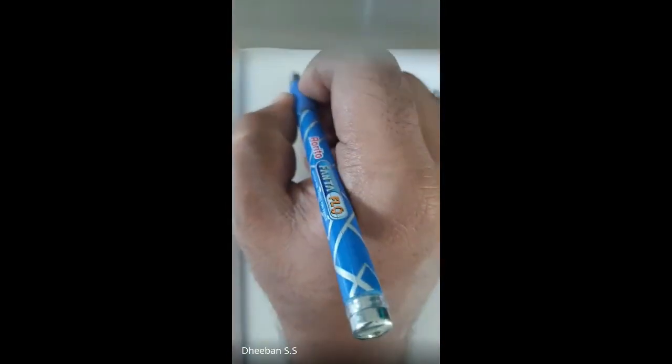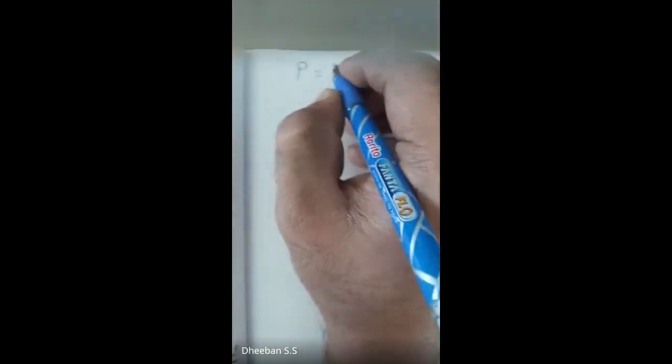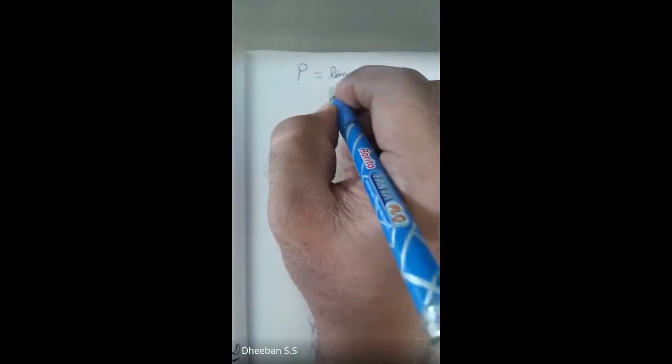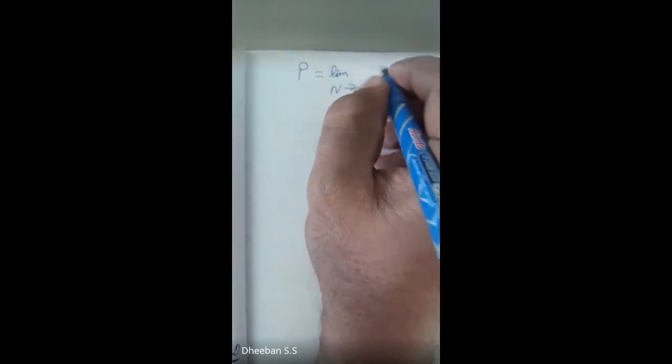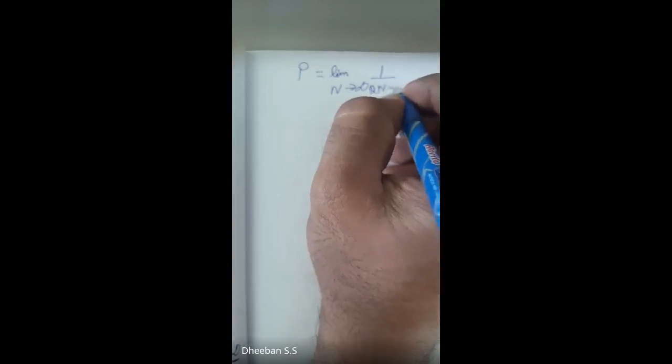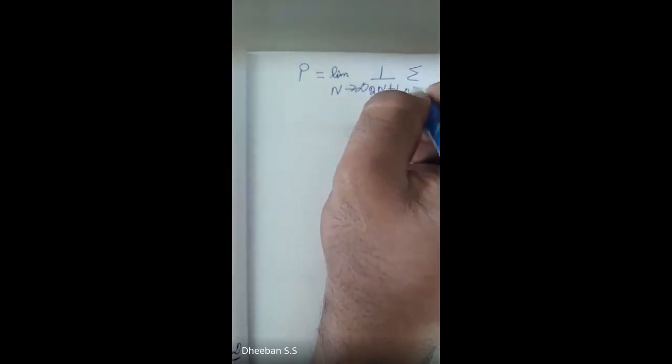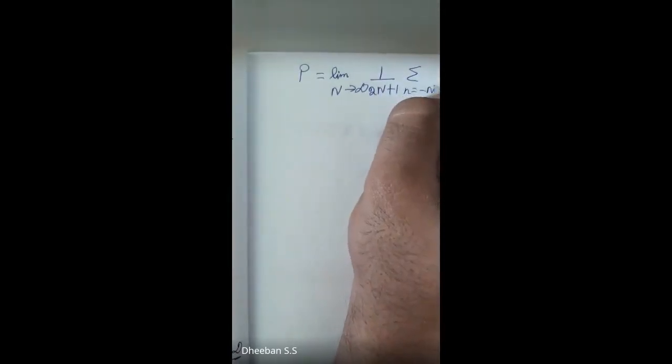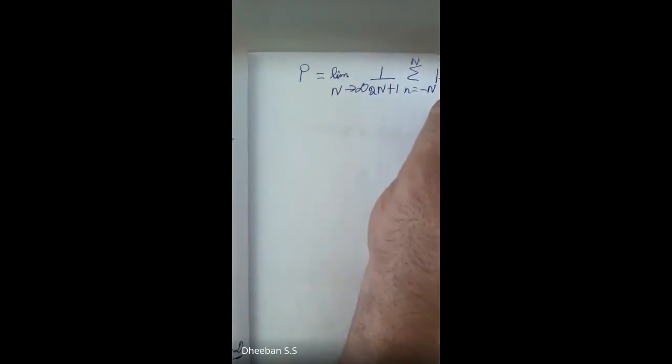So as per power, P equal to limit n tends to infinity 1 by 2n plus 1 summation n equal to minus n to n, x of n whole square. So now what you have to do, you have to substitute the x of n.